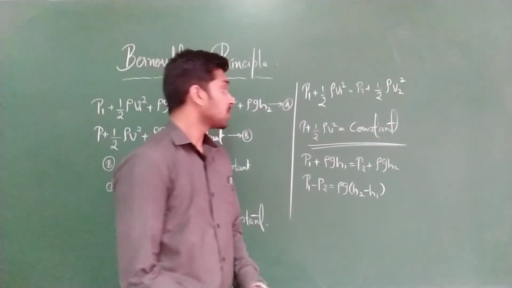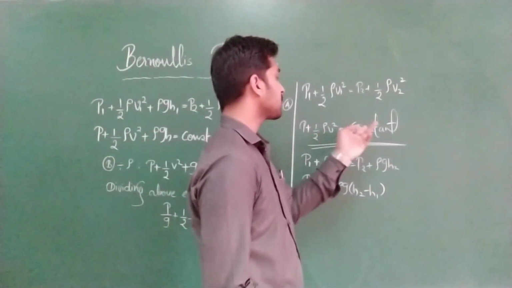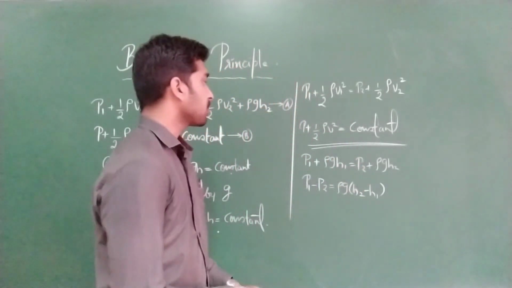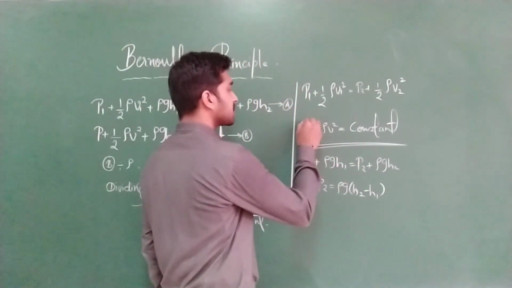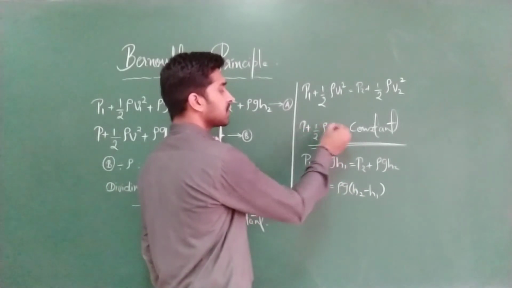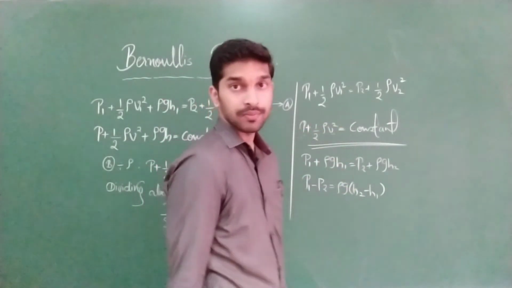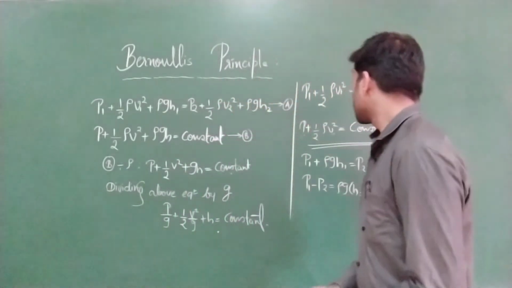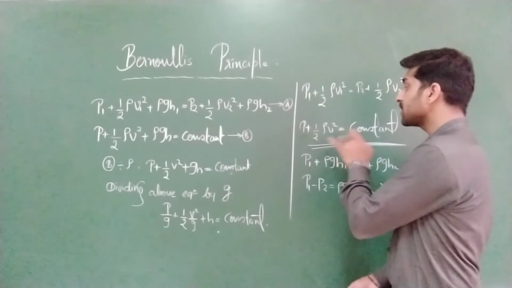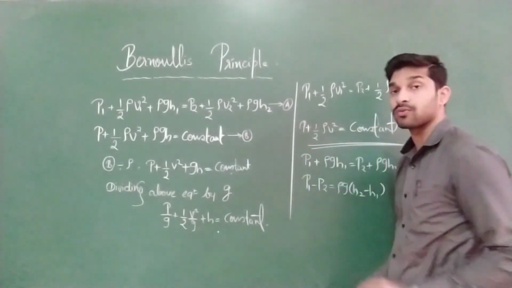Clear? So P plus half rho V square is equal to constant. This is very much important. Now check in this formula: here you are having pressure, here you are having velocity. The sum of P plus half rho V square should always remain a constant value.